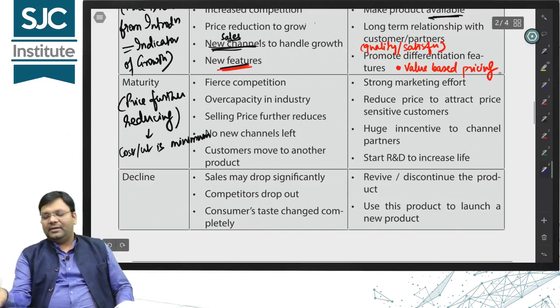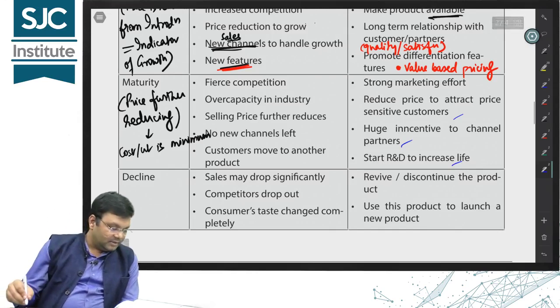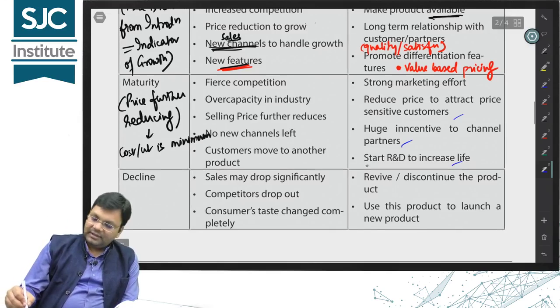And lastly, the strategies you are following here are a strong marketing effort, reducing price to attract price-sensitive buyers, and a huge incentive to channel partners, else they'll start selling competitors' products. Start R&D to increase life. This also needs to be mentioned here: you should start improving features again.